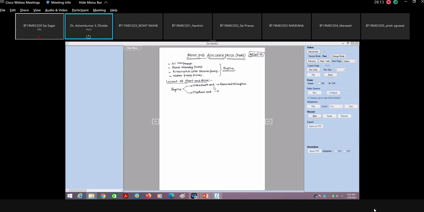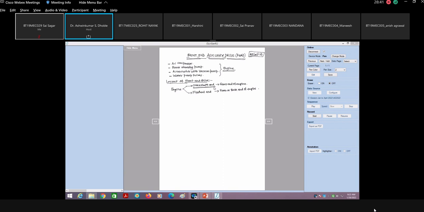So this is the front and you can say rear or back end of engine. Now as the word suggests, it is the front end auxiliary drives, that means it is going to take the power from the crankshaft. You agree to this, sir? So now I will draw the layout.